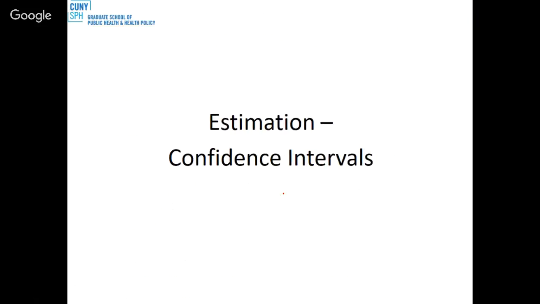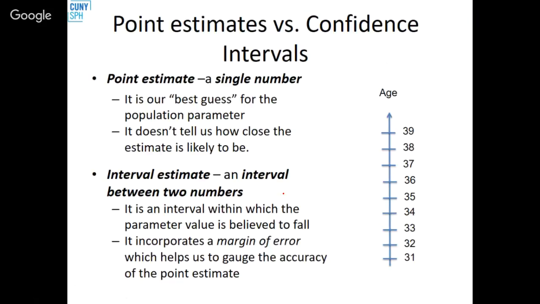So how do we use this? First important application is to the estimation of confidence intervals. Now, a point estimate is what we would call our best guess for the population parameter. So in the example of the serum cholesterols, we take the mean of all of the serum cholesterol levels from our sample.